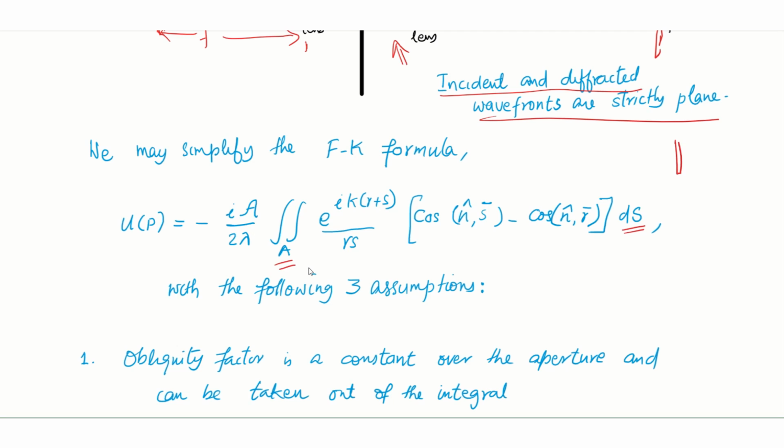We had an aperture like this, a slit, which is basically something like this with a length L and some A as the height. Then this whole integral is done over the whole area of the aperture. We have seen it in the last class, and therefore this is essentially the area.